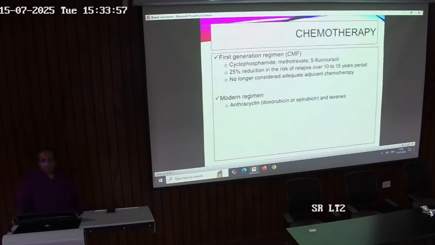In chemotherapy, you can remember it by the mnemonic CMF: cyclophosphamide, methotrexate, and 5-fluorouracil. It reduces the risk of relapse by 25% over a 10 to 15 year period, but is no longer considered adequate adjuvant therapy. In the modern regime, anthracyclines, doxorubicin or epirubicin, and taxanes can be used.